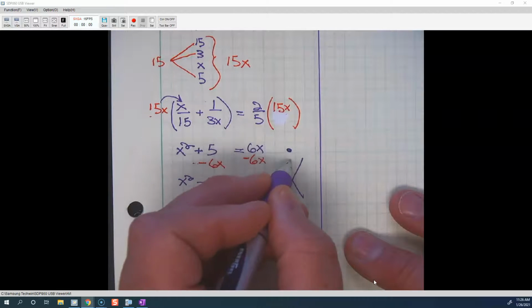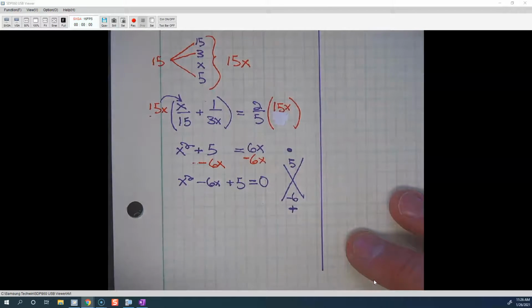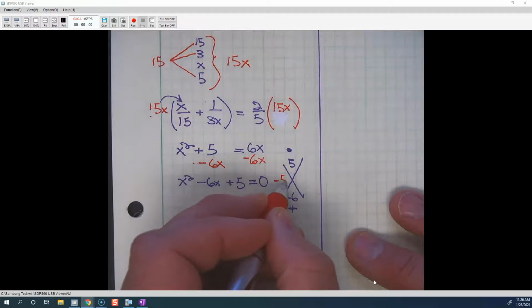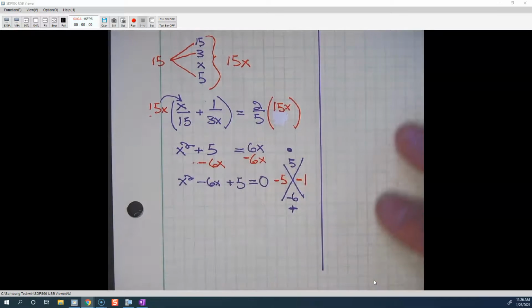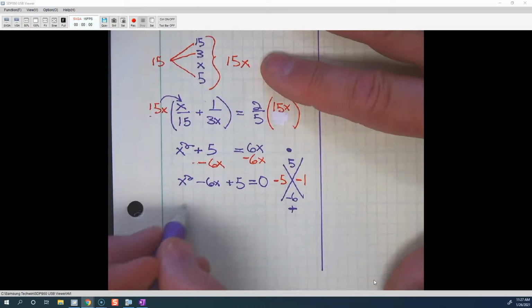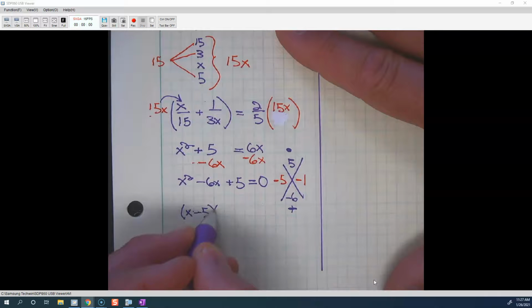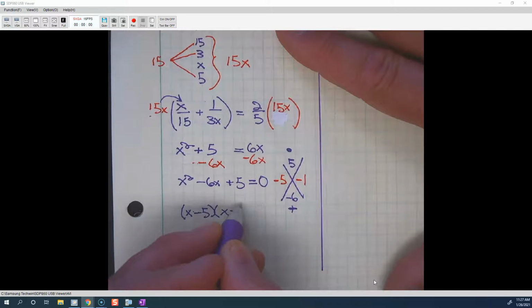Okay, the numbers have to multiply to be positive 5 and add together to be negative 6. So that's going to be a negative 5 and a negative 1. So once we factor this, we're going to have x minus 5 and x minus 1.